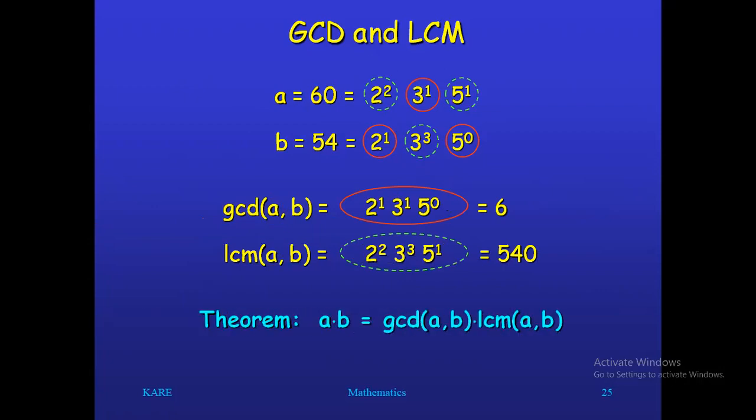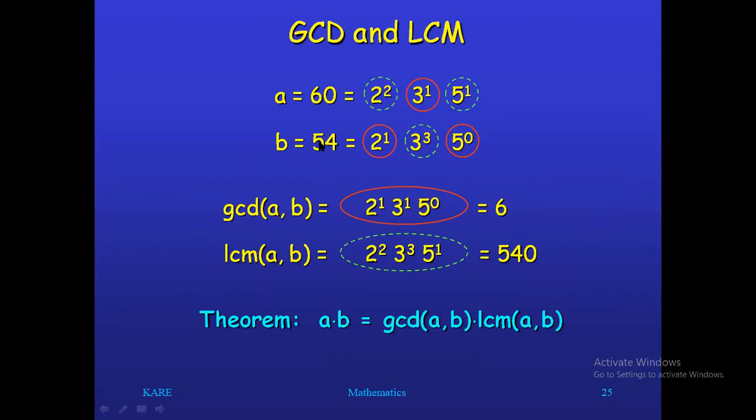So what is the theorem we have here? A into B is equal to GCD of A comma B into LCM of A comma B. When you multiply A into B, what is the answer? When you multiply 60 into 54, what's the answer? Multiply these two, 3240.